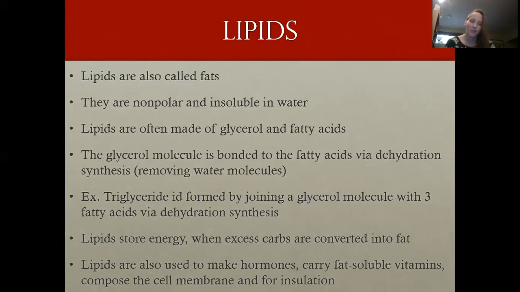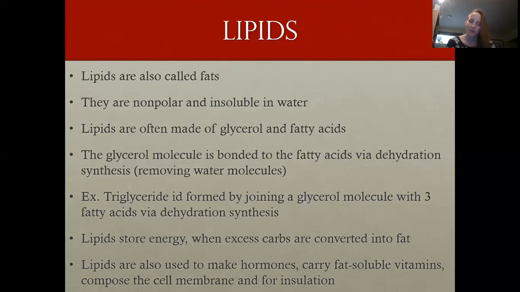So for example, we have triglycerides, where essentially you take a glycerol molecule and you bind it to 3 fatty acid molecules using dehydration synthesis. You remove 3 waters essentially. Lipids store energy, so they can be used as an energy source in cells, but the energy is not as readily available as carb energy.